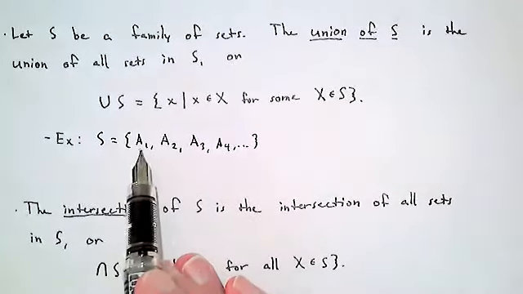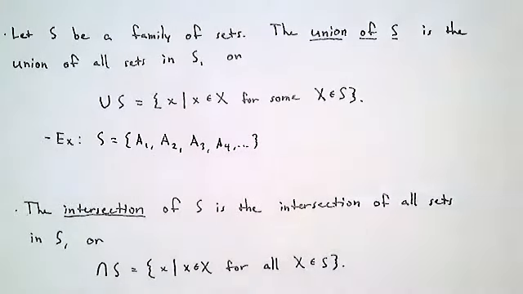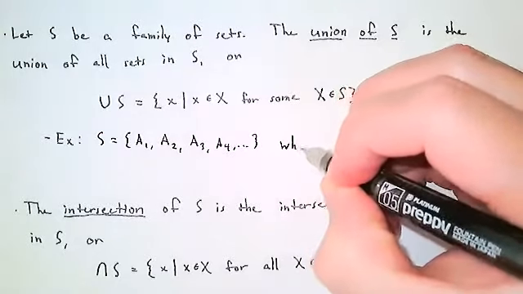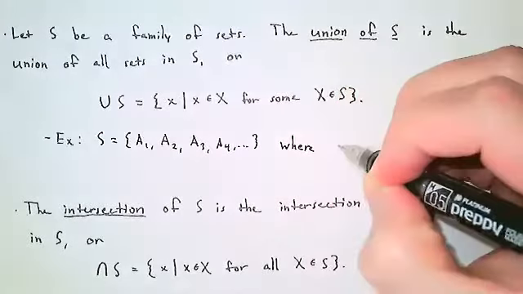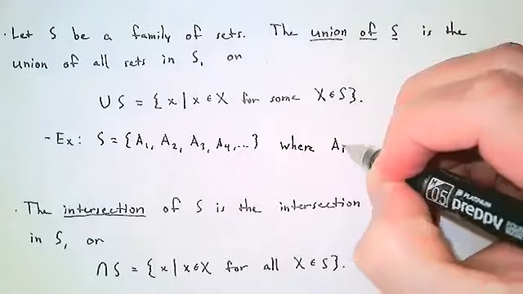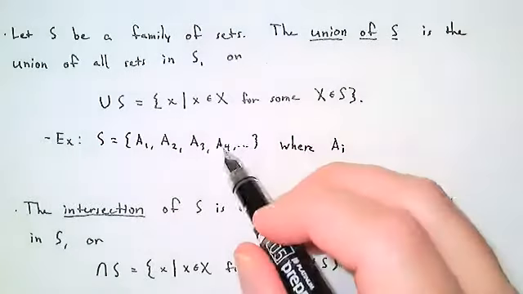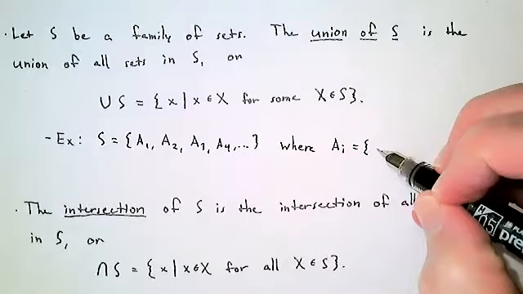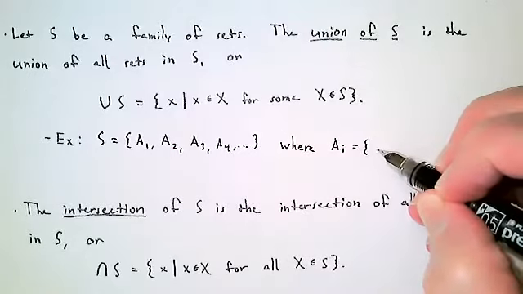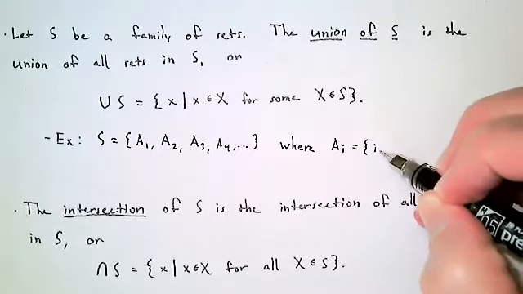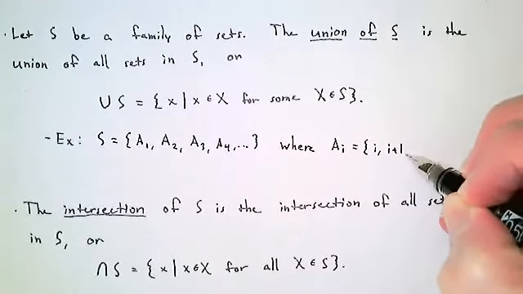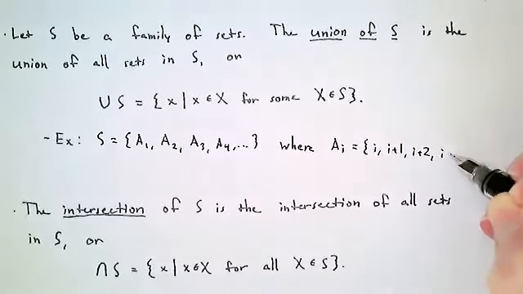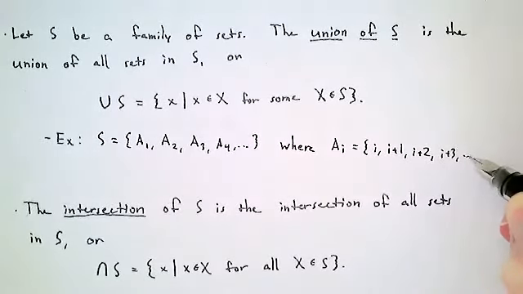So next I have to tell you what each of these is. So what is A with a little subscript? Okay. So A_i, it'll depend on the number, is going to be equal to the positive integers starting at i. So i plus 1, i plus 2, i plus 3, and so on.